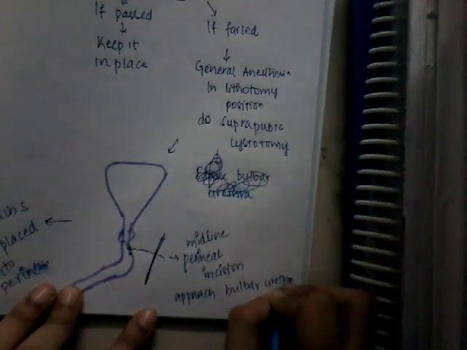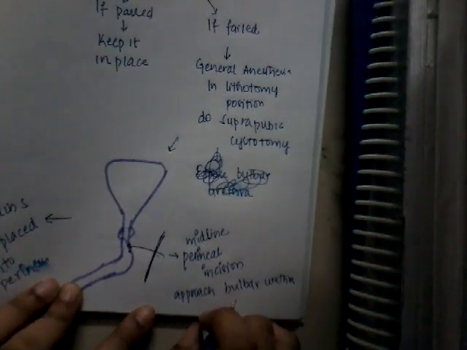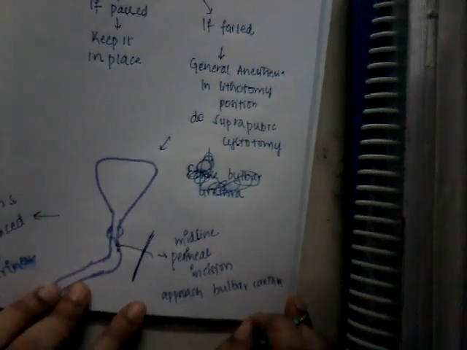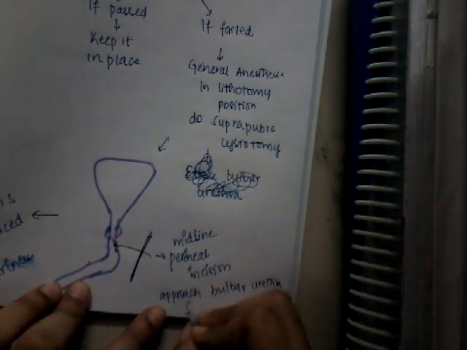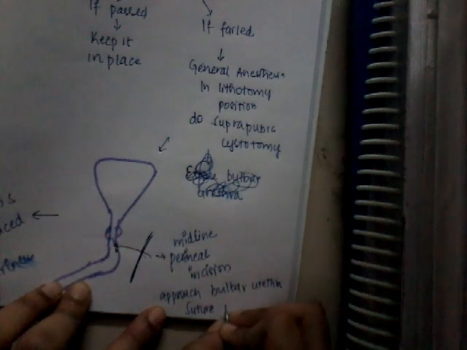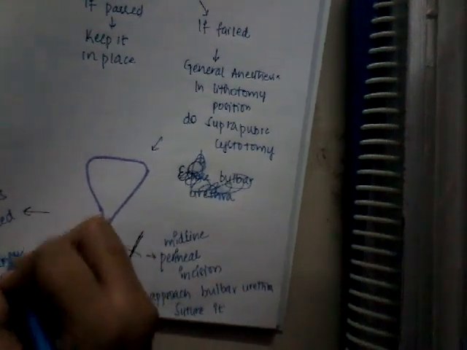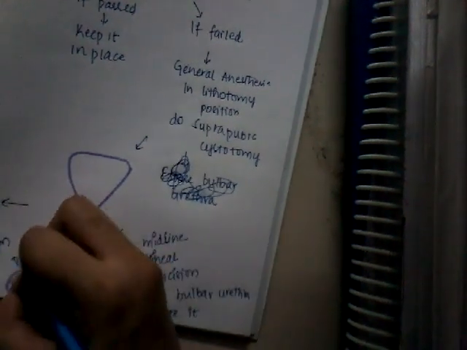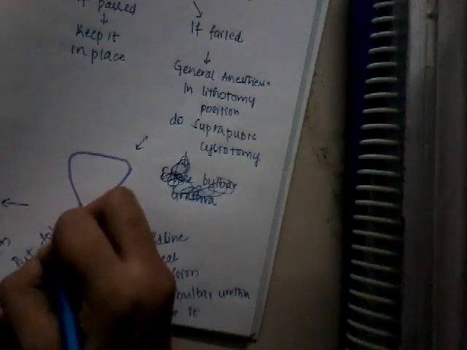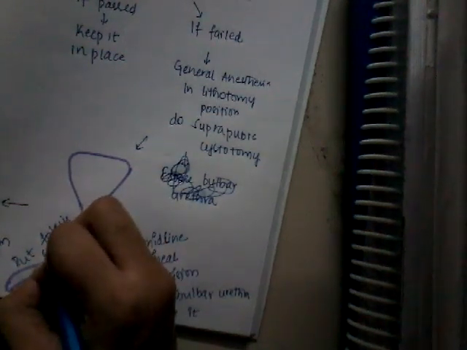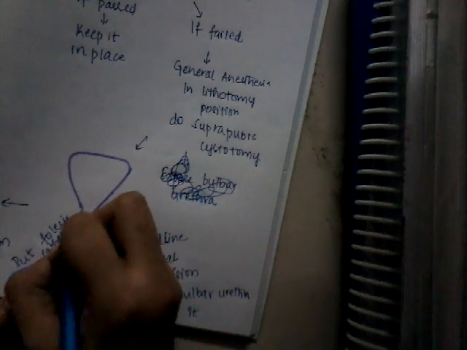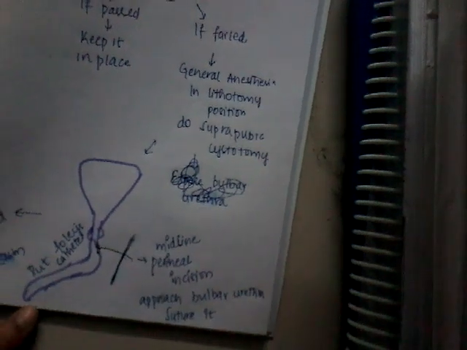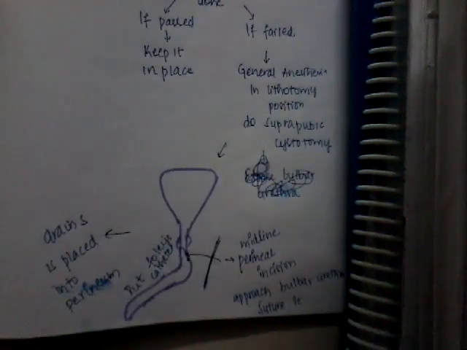And once we approach the bulbar urethra, what do we do? We will suture it, and then put Foley's catheter, and a drain is placed in the perineum. So this is what generally happens.